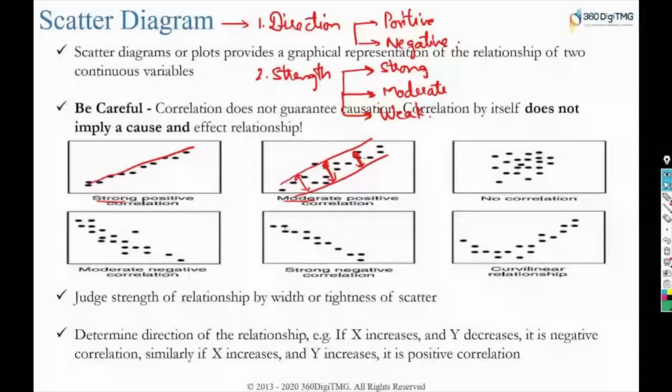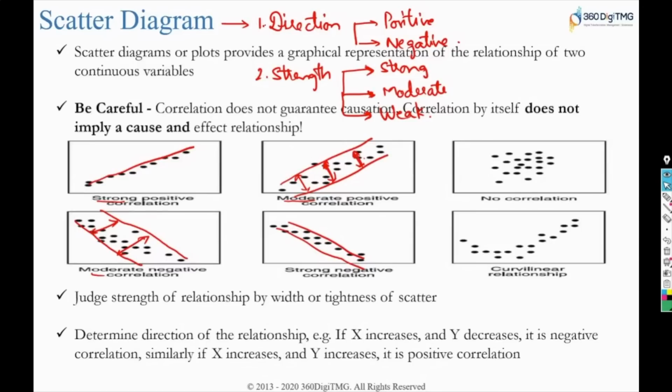If you look at this, the points are very closely clustered, so you call this a strong negative correlation. Here, since the data points are slightly scattered, there is slight dispersion. It's called moderate correlation. If the points are further scattered, far away like that, then you call it weak correlation.